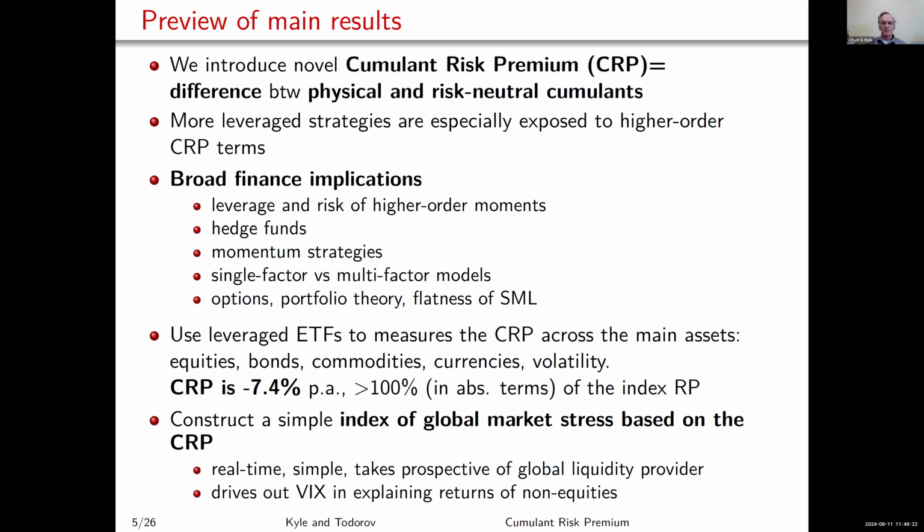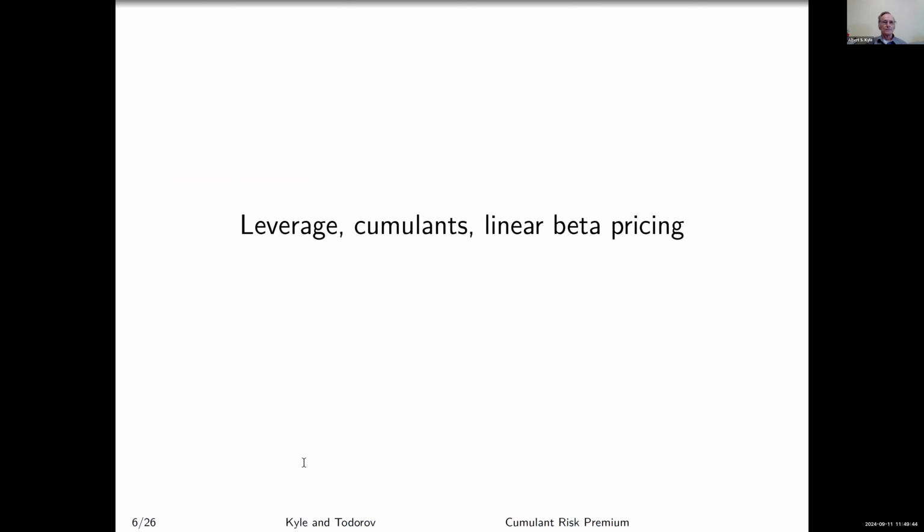We also find that if you construct an index of global market stress, which would be an average of all of these cumulative risk premiums, we think you get something that's at least as good as VIX and probably better, perhaps because it can be tailored to whatever economics you want to tailor it to.